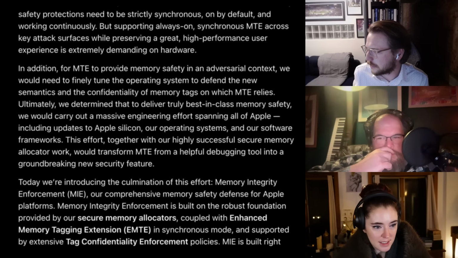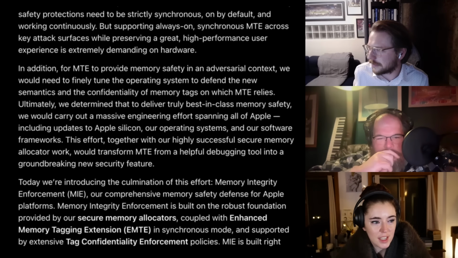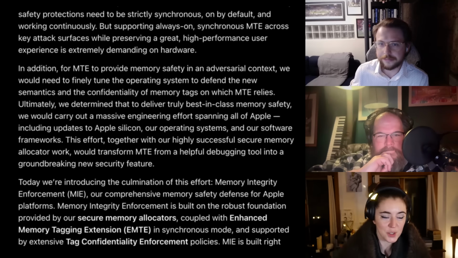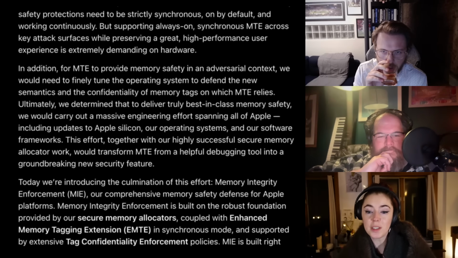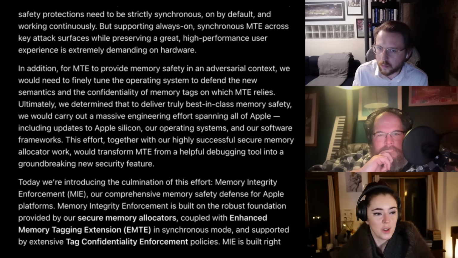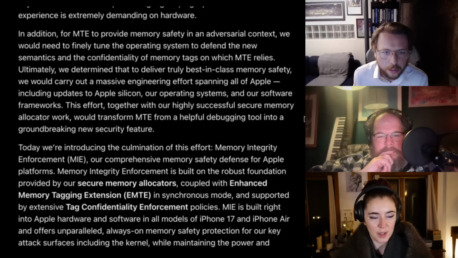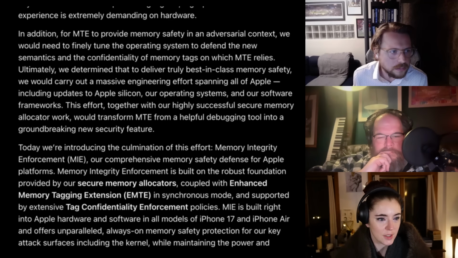Apple says that always-on synchronous MTE across key attack surfaces while preserving a great high-performance user experience is extremely demanding on hardware. Well, lucky Apple that they seem to be very good at designing fresh, brand new hardware to do everything they need to do.